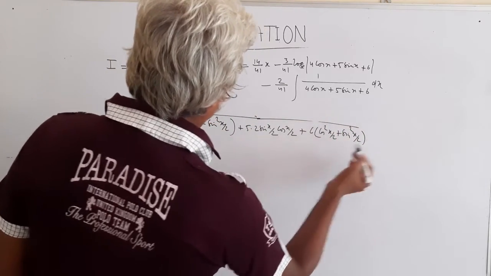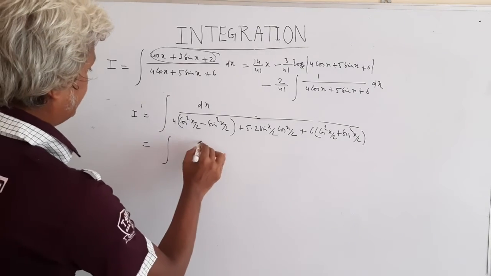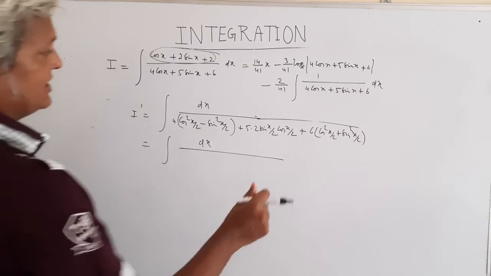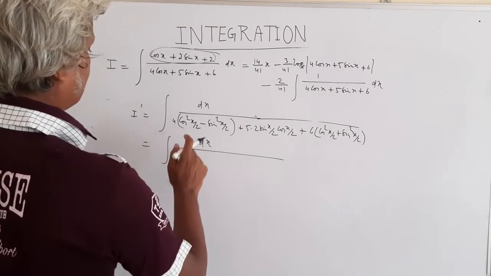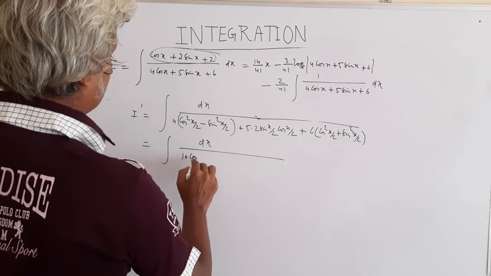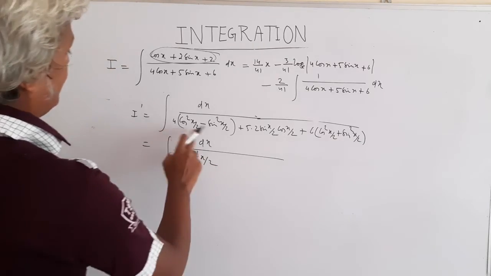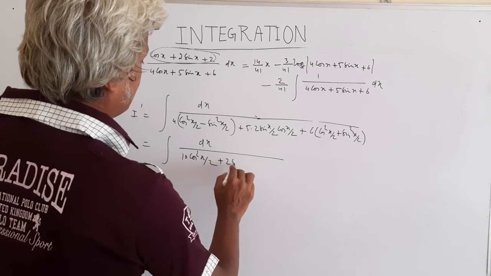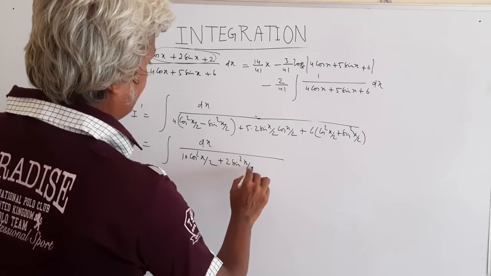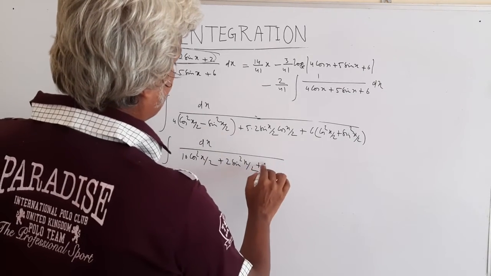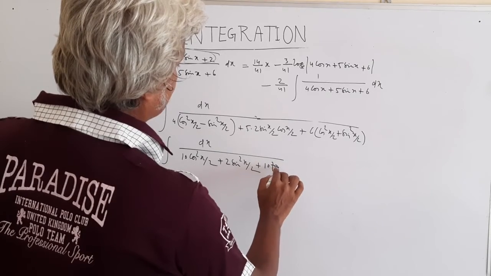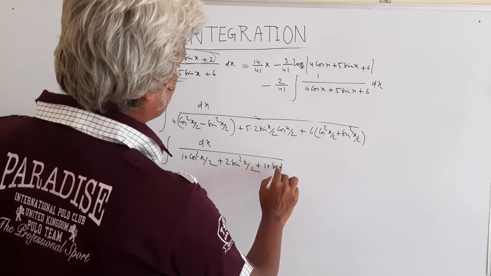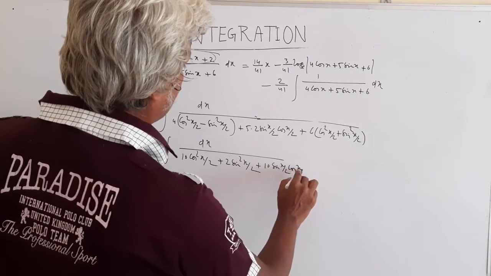Then group things together: 6 cos square and 4 cos square, 10 cos square x by 2, minus 4 sin square plus 6 sin square, that means plus 2 sin square x by 2, plus 10 sin x by 2 cos x by 2.